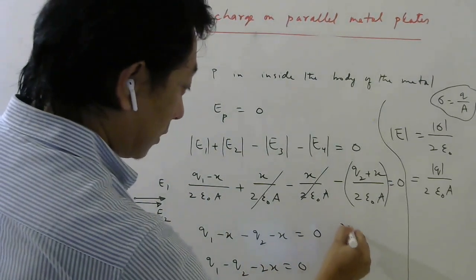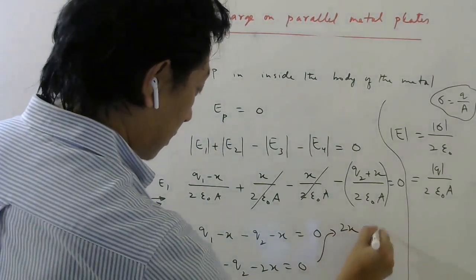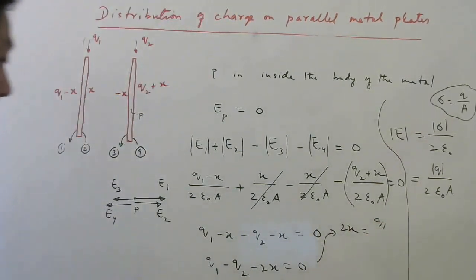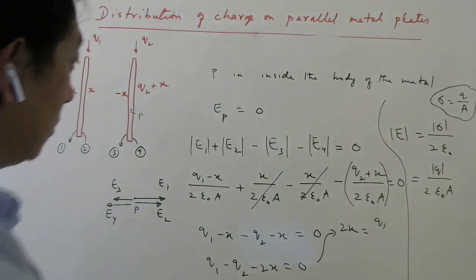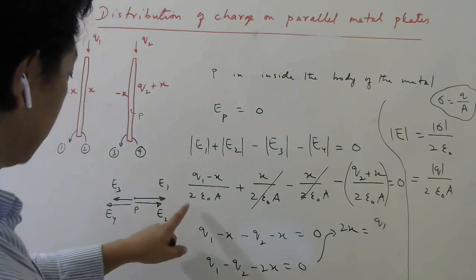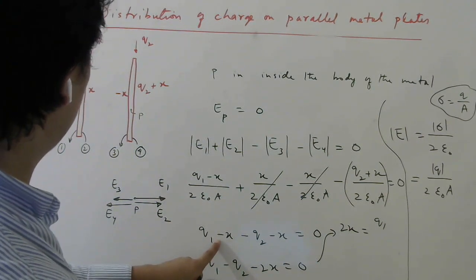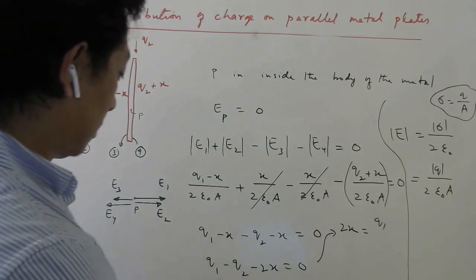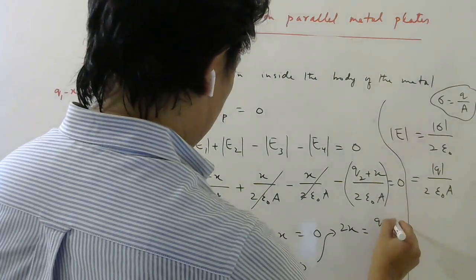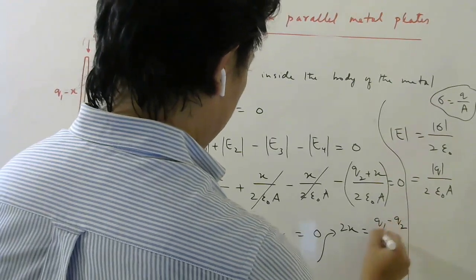So 2X will be Q1 minus Q2. Did I do correctly? Q1 minus X is correct here.